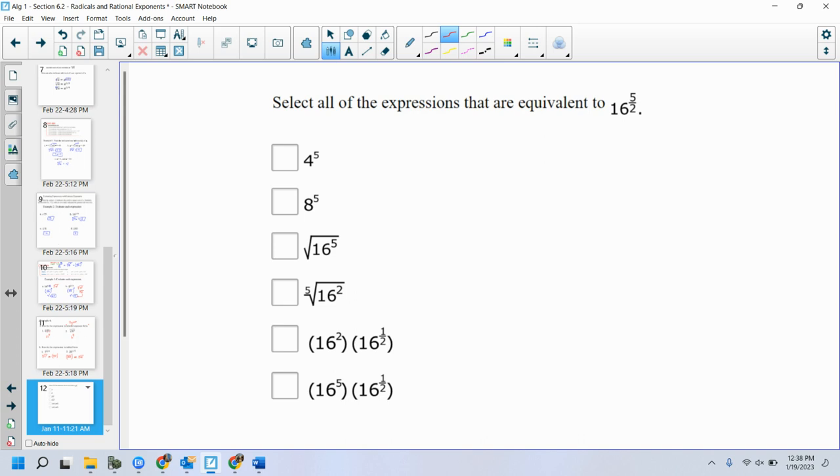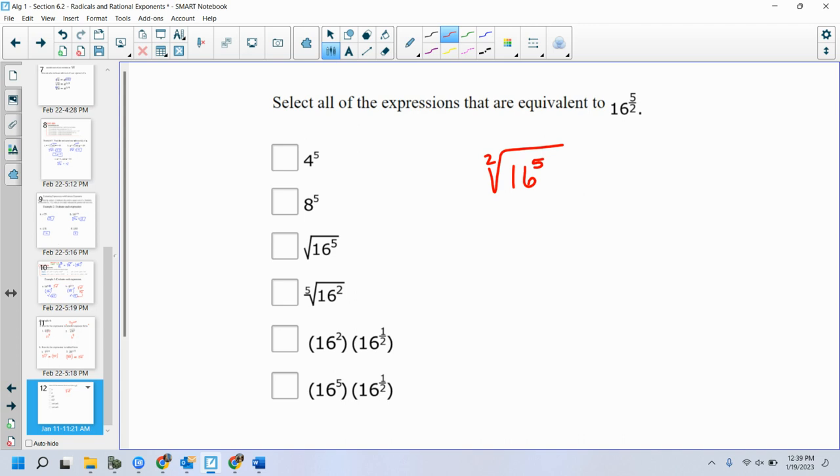Select all expressions that are equivalent, because aren't there a couple that are equivalent? Take a look. 16 to the 5 over 2. Well, isn't that the fifth root of 16? Oh, sorry, no, not the fifth root of 16. Right, the second root. Or 16 to the fifth power, and then the square root, right?